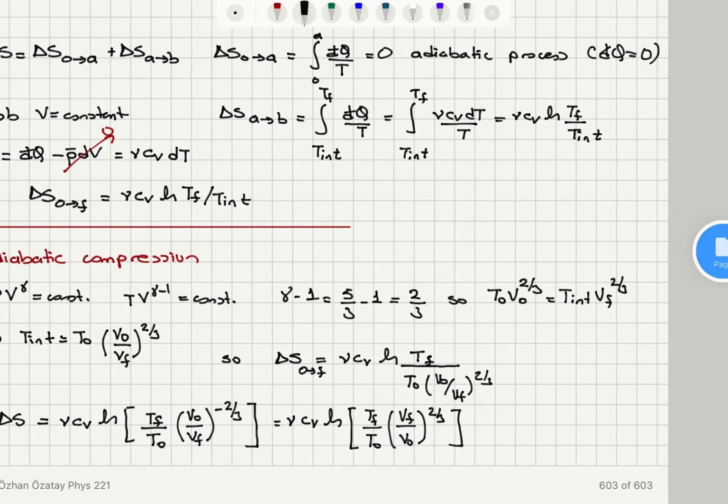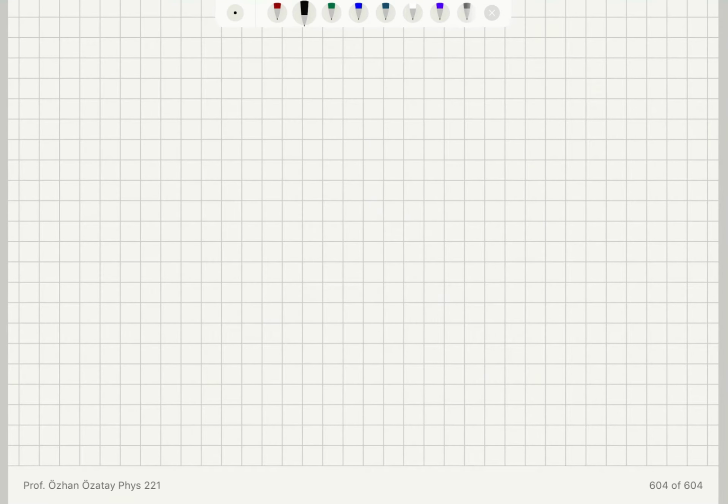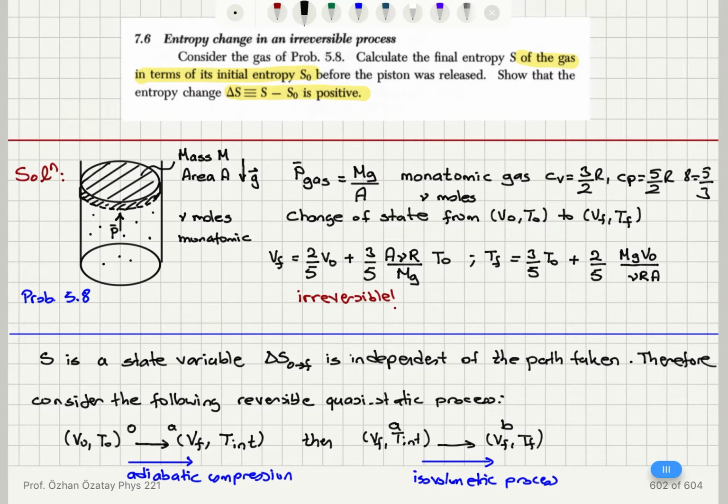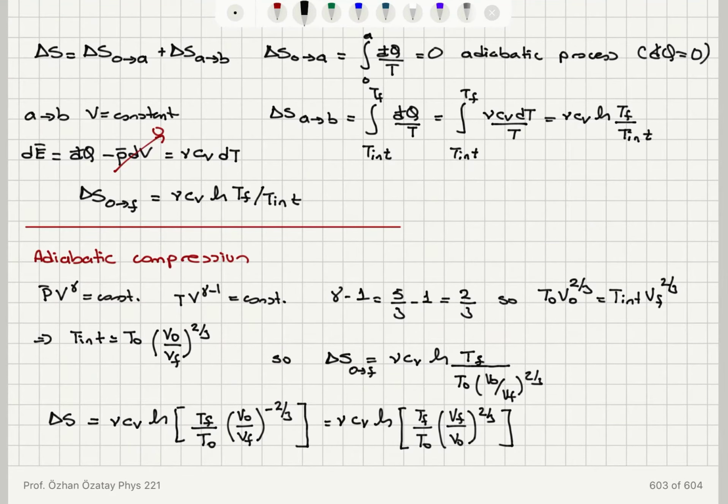Okay, so let's calculate T final divided by T0. So first I have to check what T final was. T final is here, 3 over 5 T0 plus 2 over 5 mg V0 over nu RA.